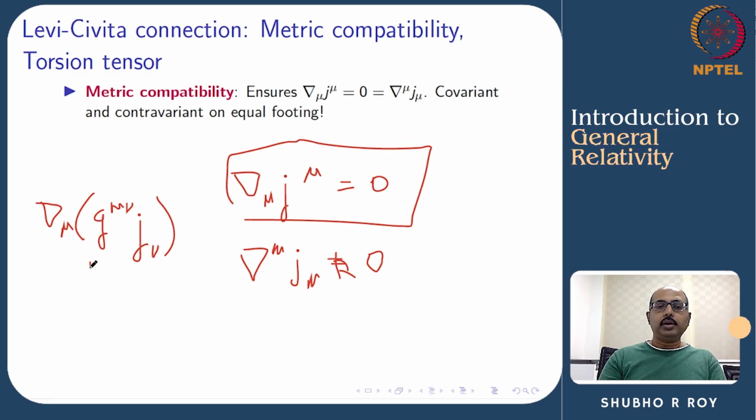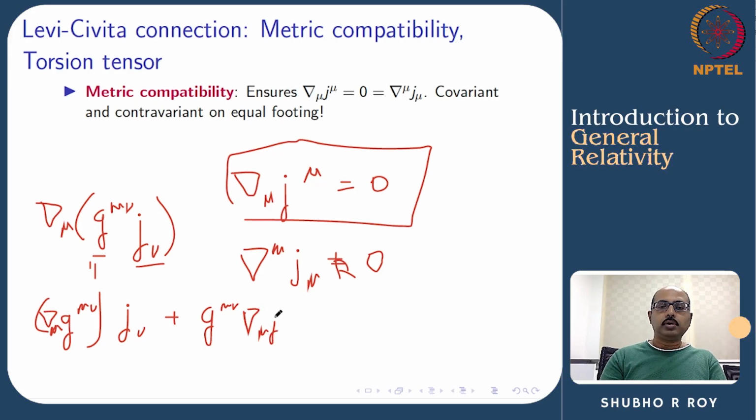And then I can use the Leibniz rule because we have two tensors, that will give me two terms, one in which the covariant derivative will act on g and it will spare the J. And the second term from the Leibniz rule is when g will be spared and then the del mu will act on J. Again, we can use the raising and lowering to write the second term as del_nu J^nu. So this term is equal to del_nu J^nu plus this extra term.